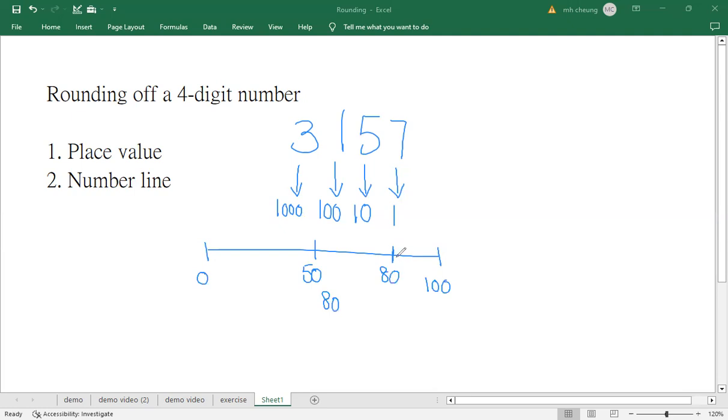If you can master these two basic skills, then we can move on to round off a 4-digit number. Okay, here is an example.